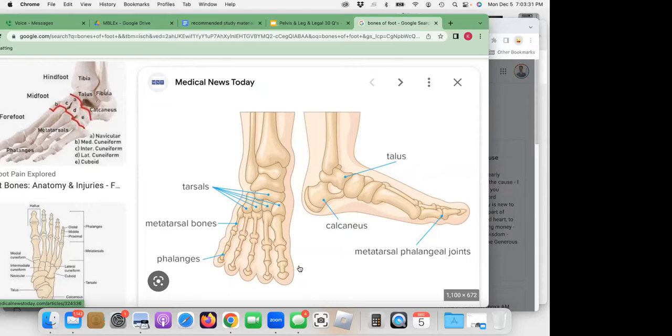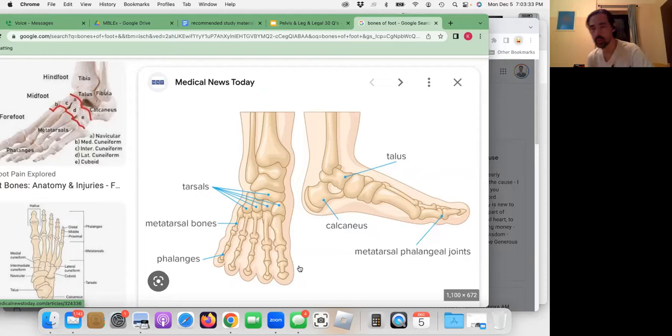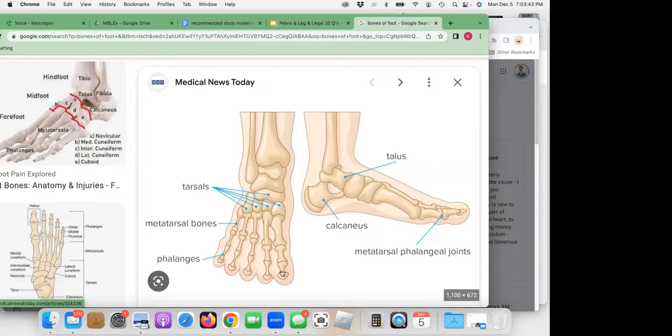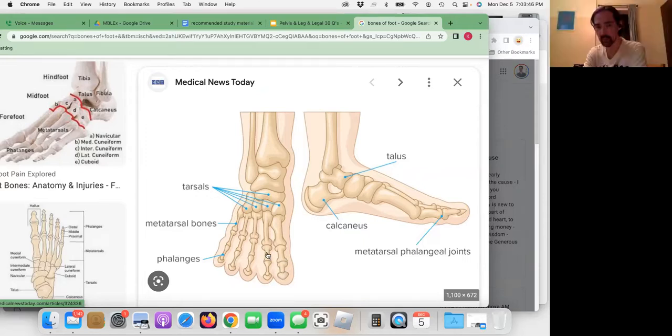I forgot. The difference is 1. So the big toe has 2 phalanges, and each of the other toes has 1, 2, 3 phalanges.